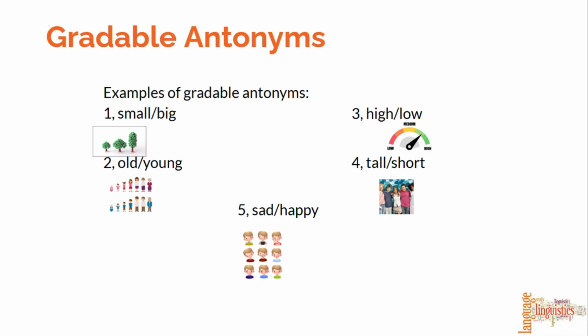Not that high, really high, or middle high. How low can it be? Not that low, middle low, or normal low. And one's negation doesn't necessarily apply to the other. They are gradable. So it's also a gradable antonym.